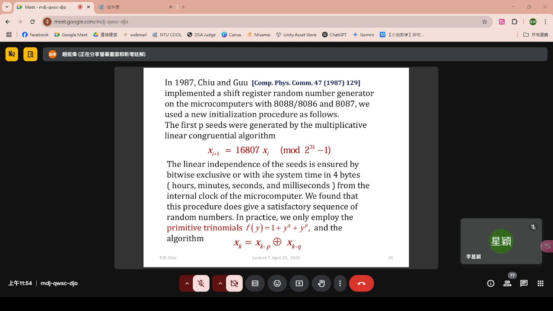Then the linear independence of the bits is ensured by bitwise exclusive OR with the system clock, in 4 bytes, from the internal clock of the microcomputer. We found this procedure gives a very satisfactory sequence of random numbers, and now this procedure is almost standard, used in initializing the bits for all different kinds of random number generators.